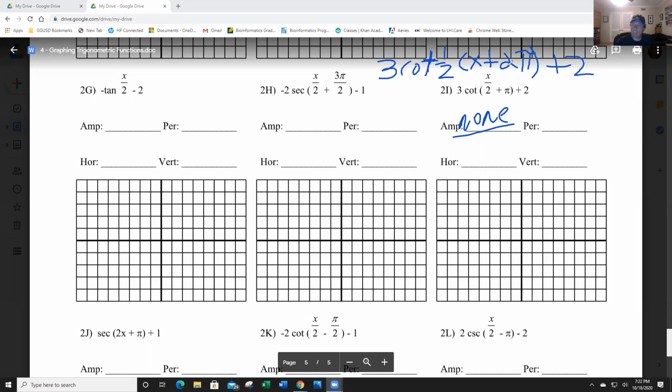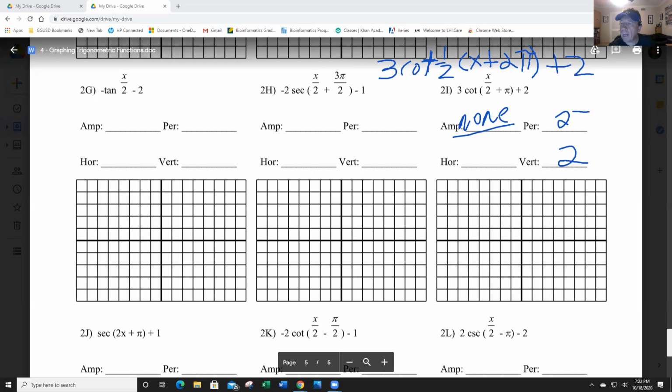Take 1/2 and multiply it by 2 pi, and indeed you get pi. Great, okay? So the vertical shift is 2, okay? The period on this is going to be 2 pi.